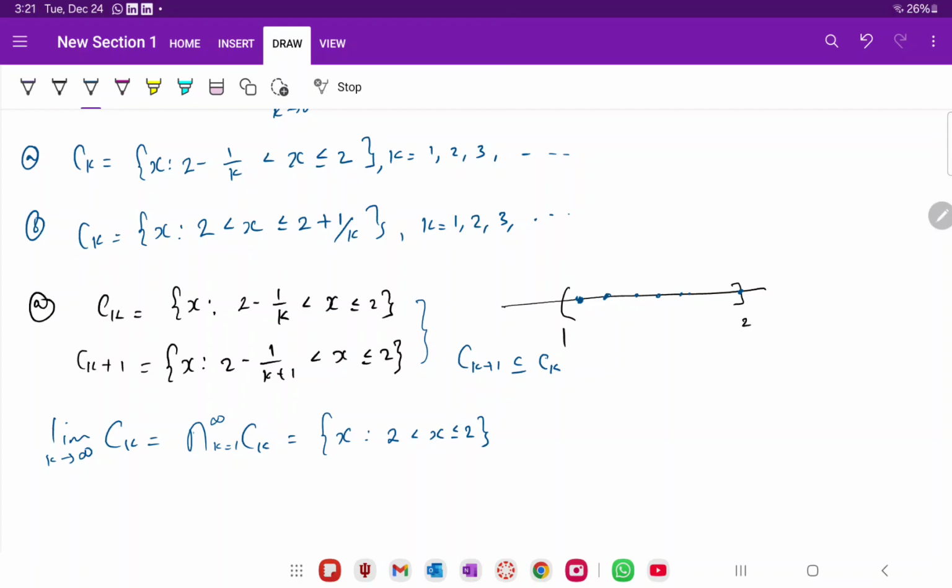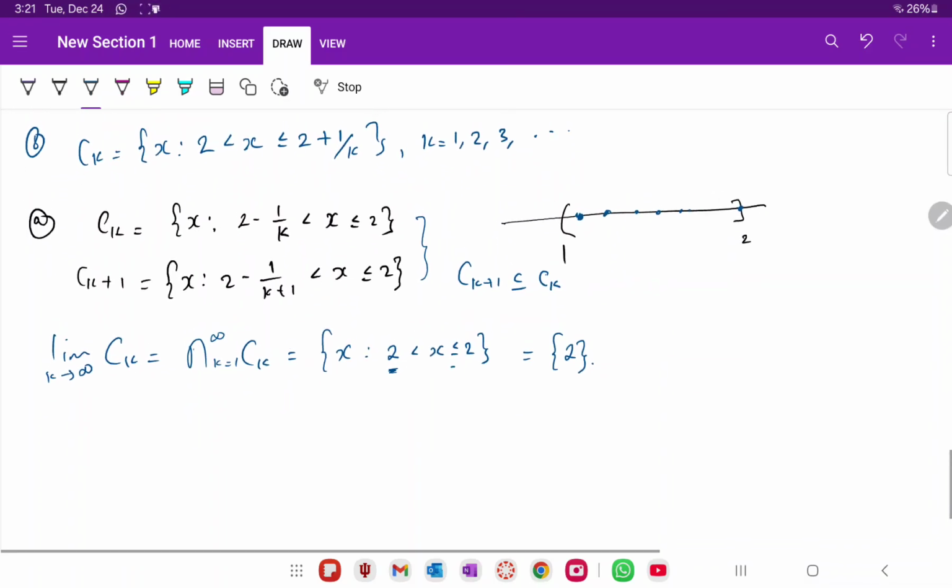So what does that mean? Since this is 2 and this is less than that 2, that means we are going to have a single point, x equals 2.